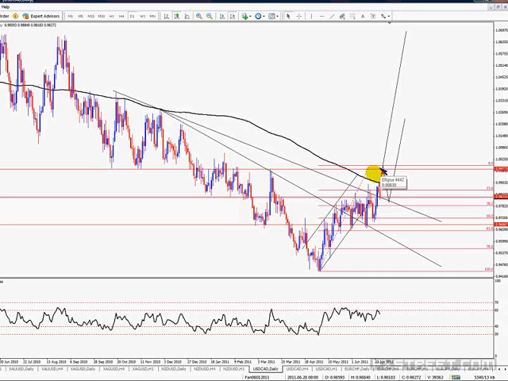Even on a break above that we're not in the clear, because at the parity level we have these resistance pivots that should provide for a bearish attempt here. A break above that then gives me more confidence of the bullish outlook. But for now, I'm playing this as a ranging market.